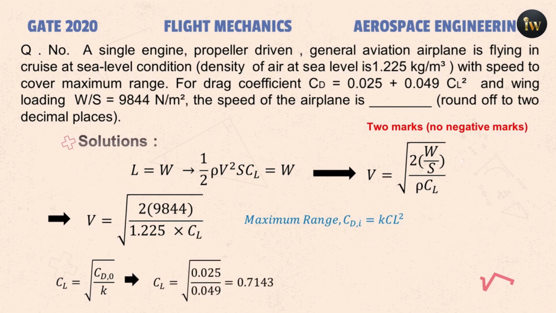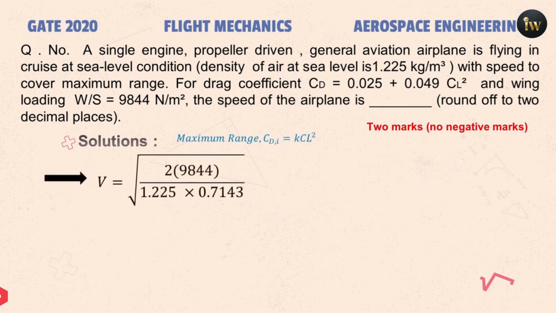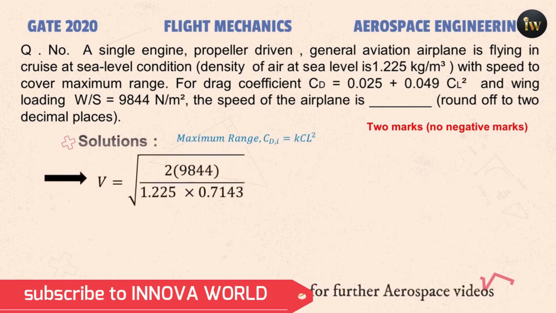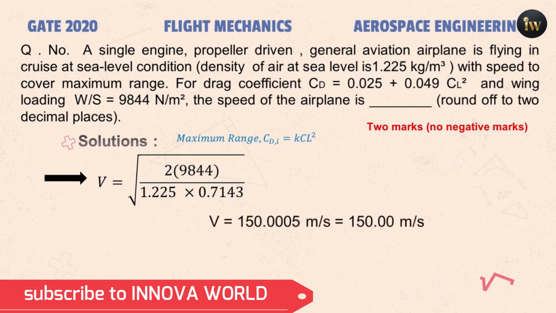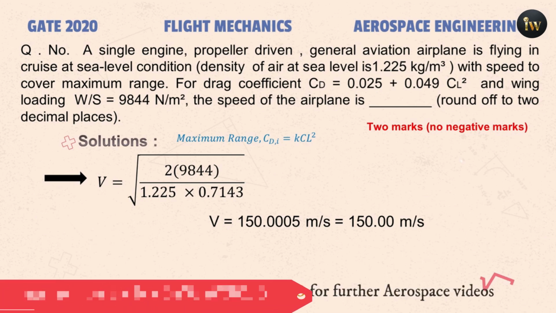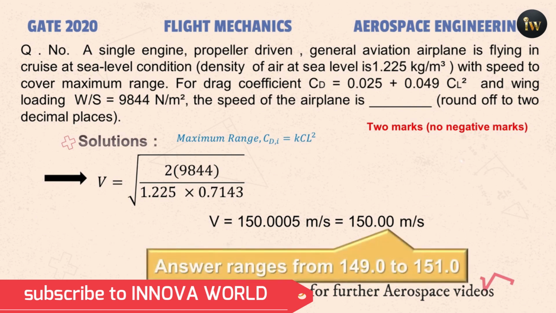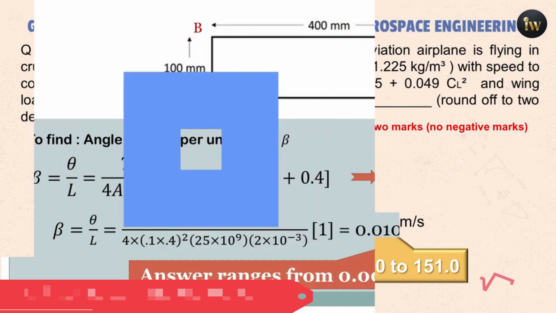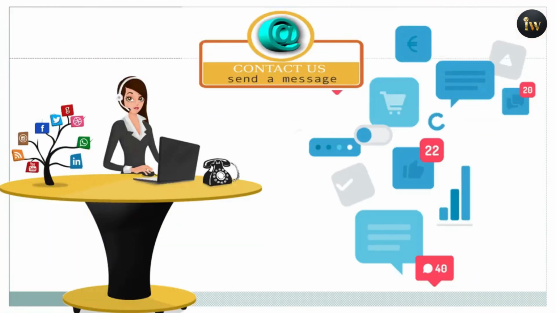After that, substituting the value back into the original formula, we get V equals 150.0006. So we can simply write, in 2 decimal places, 150.00 meter per second, and as per the answer key given, 149.0 to 151.0, which is the proper limit.